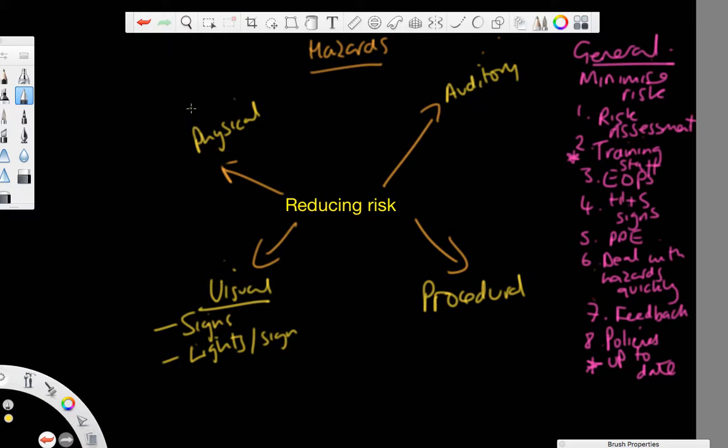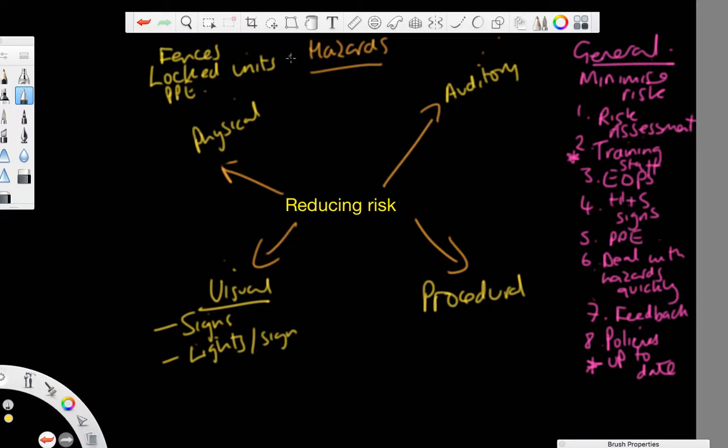So, physical control measure. Fences are going to be a physical one to stop people getting in or out of the building. You could have locked units or locked storage, or lockers even, for keeping chemicals safe and keeping everything away, or even PPE. PPE is going to help with that side.